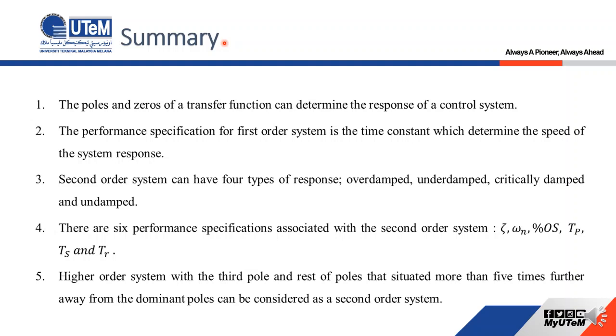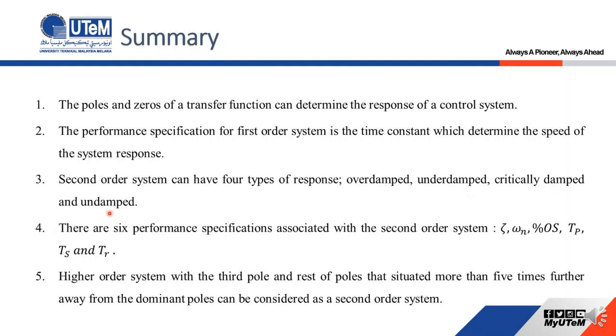Okay, before we end, let us look at the summary of this chapter. First, the poles and zeros of a transfer function can determine the response of a control system. Second, the performance specification for a first order system is the time constant, which determines the speed of the system response. Next, a second order system can have 4 types of response, which are overdamped, underdamped, critically damped, and undamped.